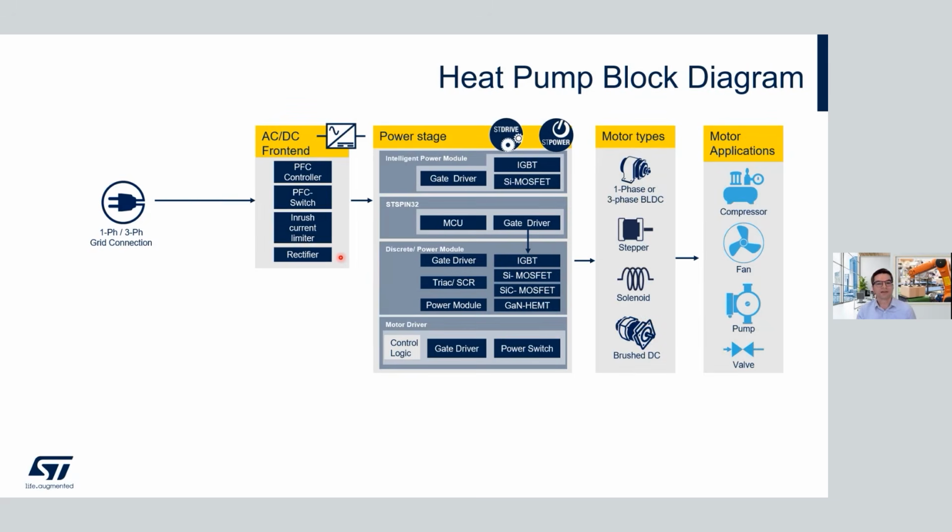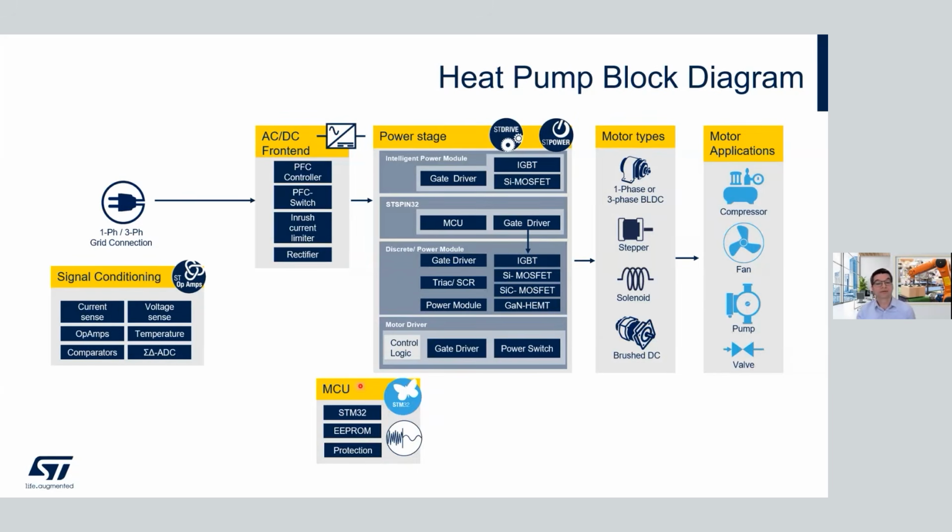grid connections. All of this power will not work without any brain. So the STM32 as a microcontroller is here the brain of the entire system. As this is a very sensitive part with very low voltage and very low power, we need also signal conditioning to arrive from the high voltage levels and high current levels to the very small signals computable by the microcontroller.